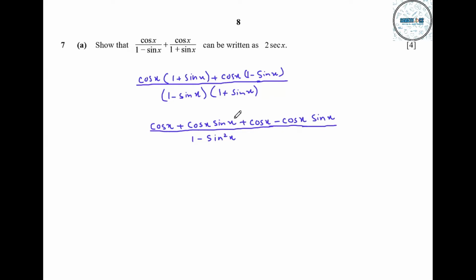We can cancel out plus cos x sine x minus cos x sine x. So we are left with 2 cos x in the numerator. In the denominator, 1 minus sine square x can be written as cos square x.